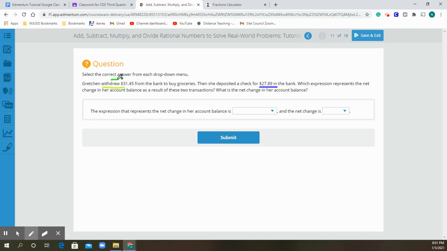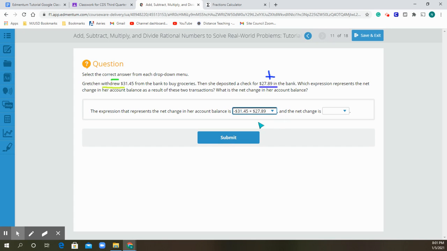So this is subtraction, and this one is addition. That alone helps us identify that this one can't be it because it's not subtraction. This one can't be it because this is not subtraction here.